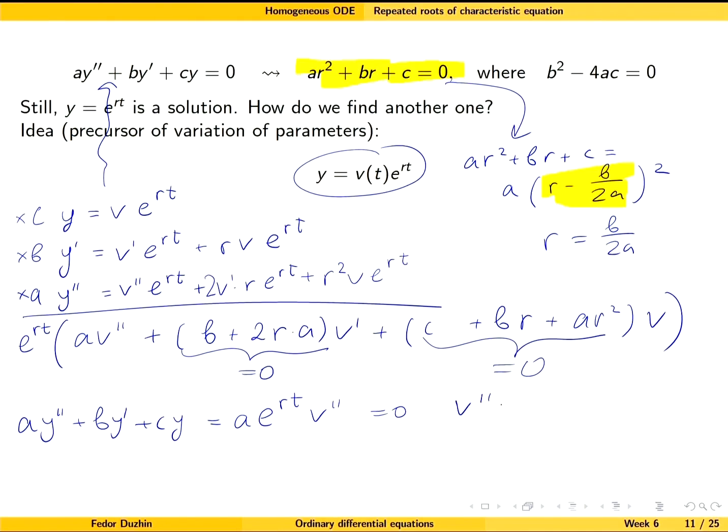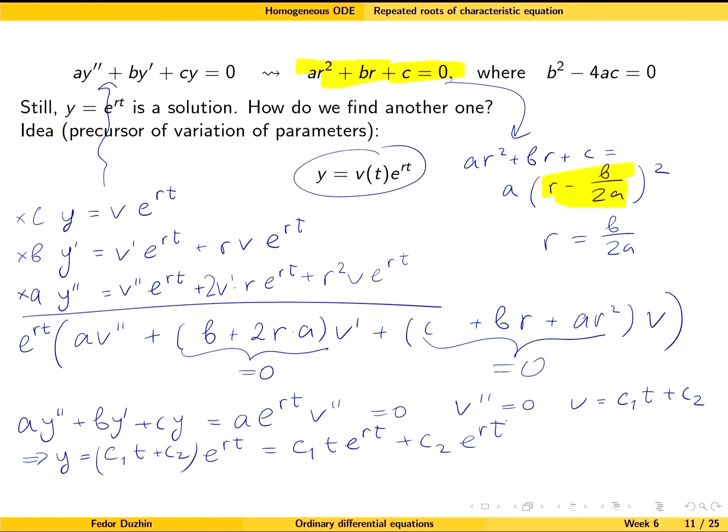So what we get is that v double prime is 0, and if the second derivative of an unknown function is 0, it means that this unknown function is just a linear function, c1 t plus c2. So y equals (c1 t plus c2) times e to the rt, so c1 t e to the rt plus c2 e to the rt.